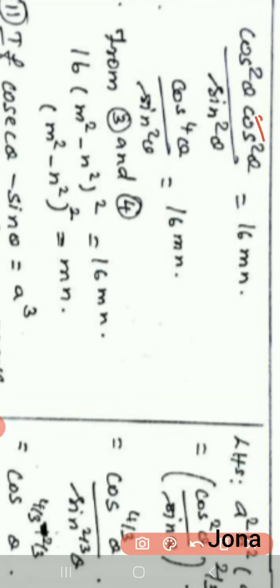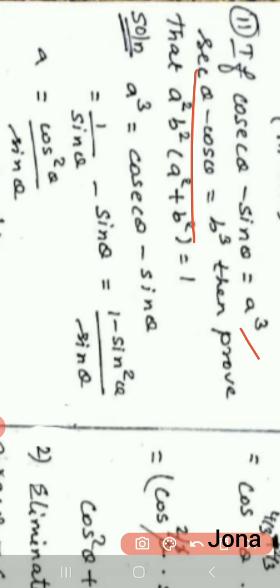It is cos square theta into cos square theta by sin square theta equal to 16mn. Okay, so from 3 and 4 I can equate both the things there, because both the things are cos power 4 theta by sin square theta only. So I can equate both the things here. I can cancel 16 and 16, so that the answer will be (m square minus n square) the whole square equal to mn. Okay.